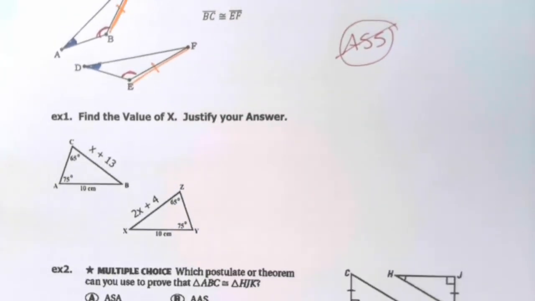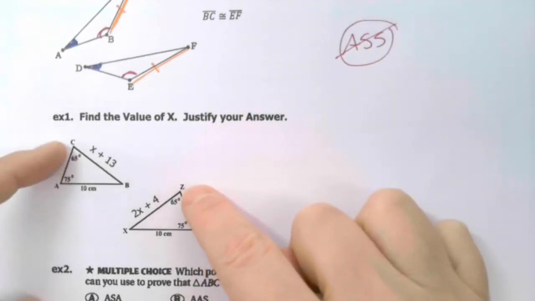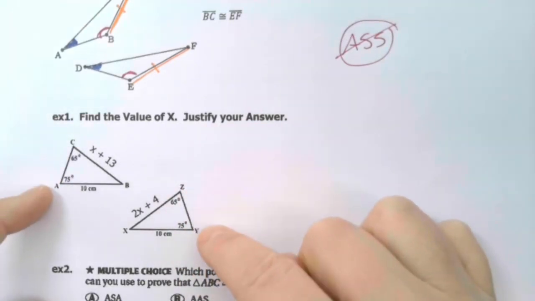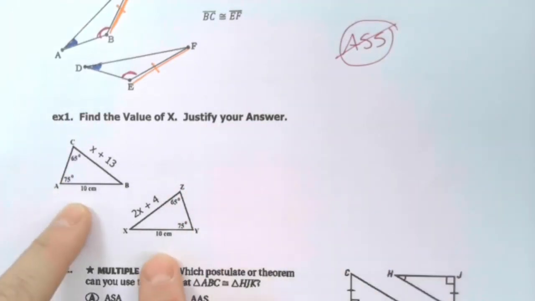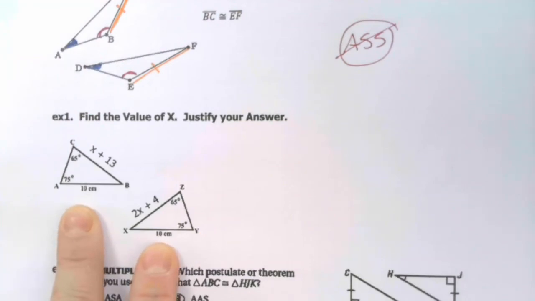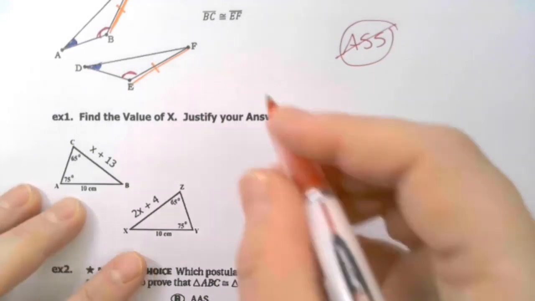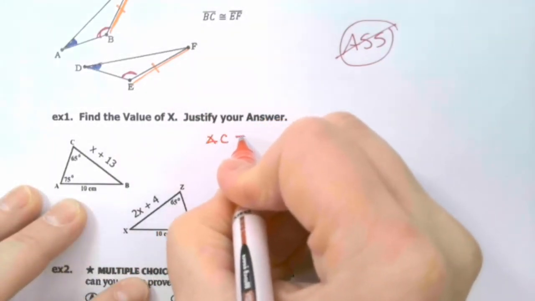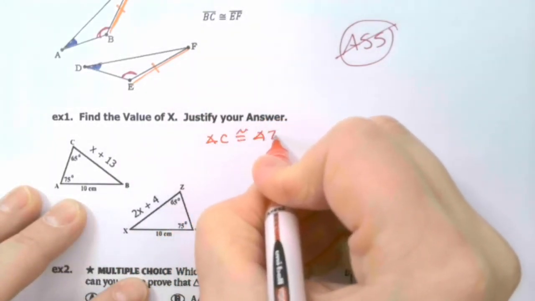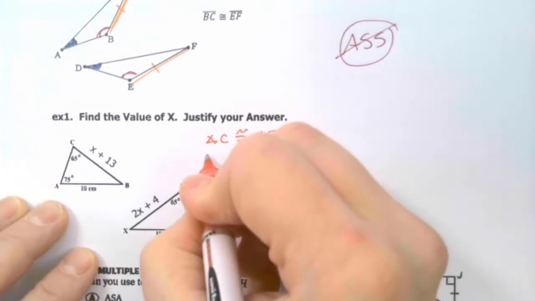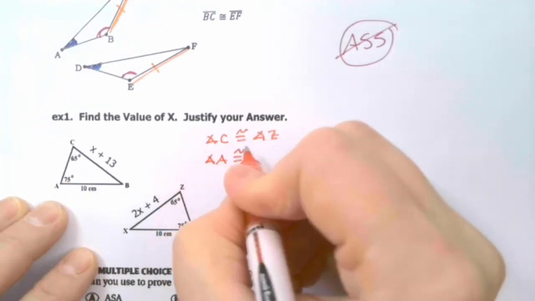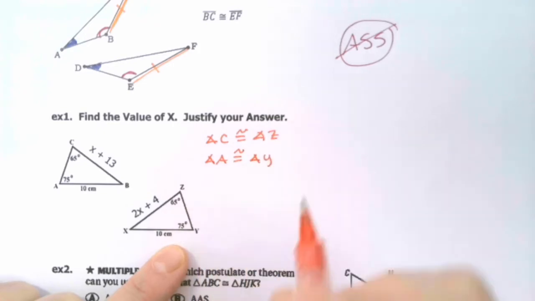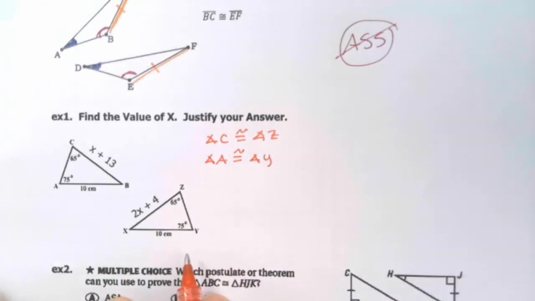Okay, let's go to example 1. Find the value of x, justify your answer. Okay, so I have a 65-degree angle that matches, a 75-degree angle that matches, and a 10-centimeter side that is not in between the angles. So from that, I can say angle C is congruent to angle Z, 65, 65. Angle A is congruent to angle Y, 75 and 75.